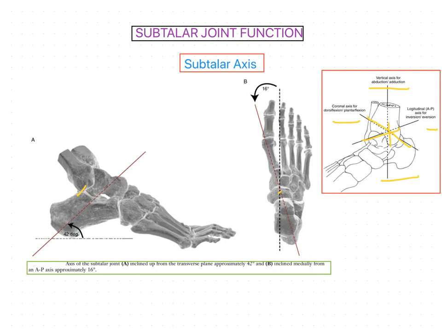And because it is a uniaxial joint, 1 degree of freedom of motion takes place, that is supination and pronation on the subtalar axis. But we have already discussed that supination and pronation are composite motions. Okay, isn't it?